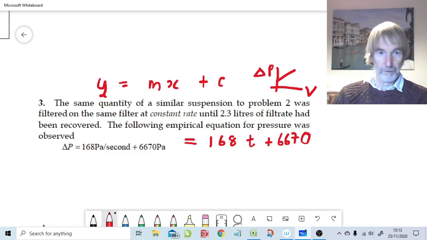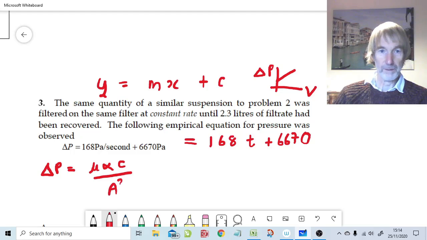Well, what was the filtration equation? The filtration equation was delta P, the total pressure drop, is equal to mu, the viscosity of the filtrate, times the specific resistance of the filter cake, alpha, times little c, the dry cake mass per unit volume of filtrate, over the filter area squared. I'm going to put dV/dt here because that puts all the constants together, because by definition we're operating under constant rate, so dV/dt is a constant.